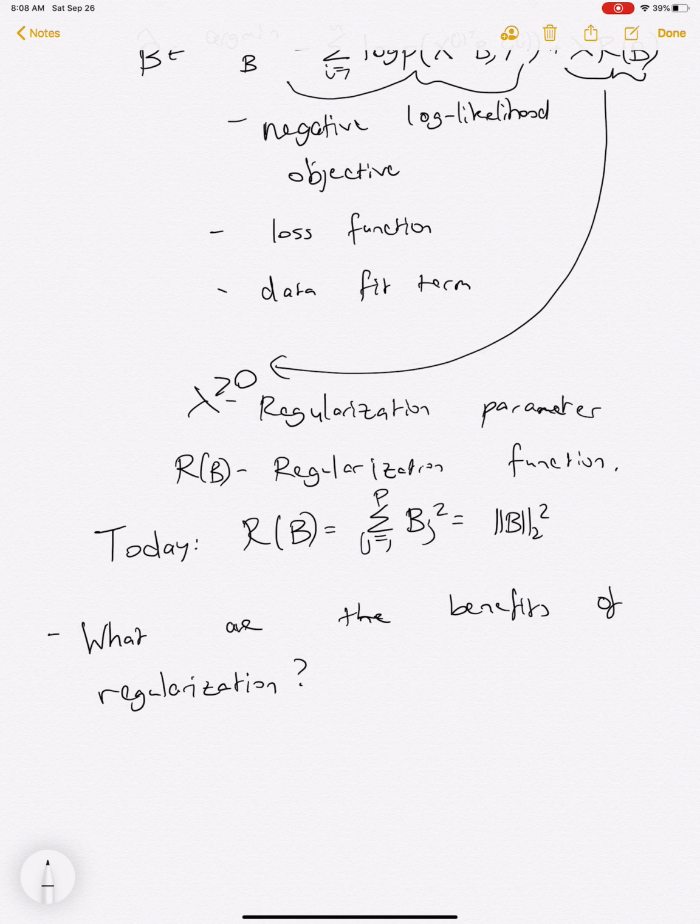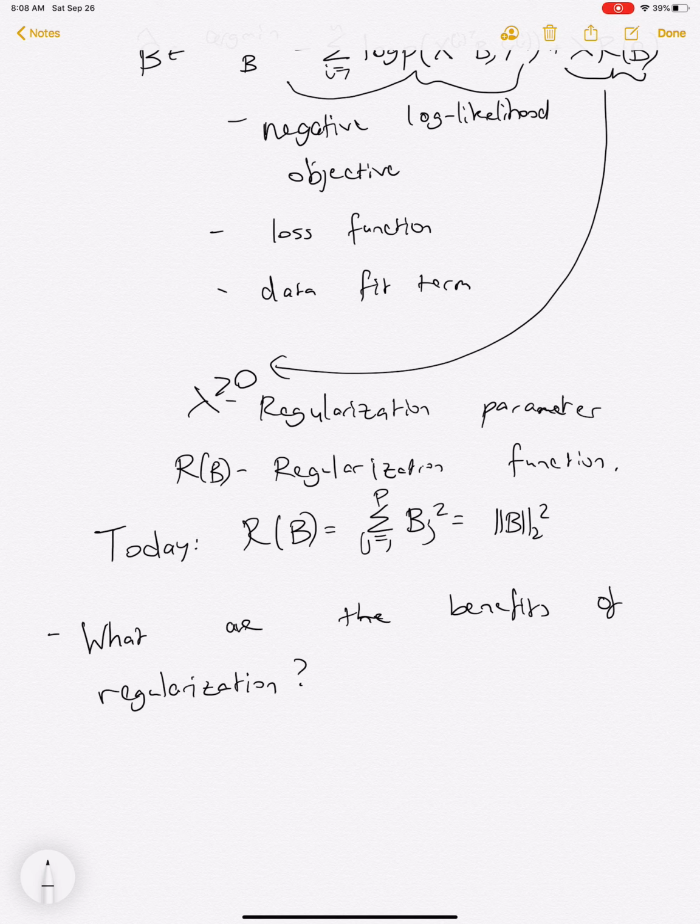For those of you who haven't heard this notion before, and I suspect that's a number of you, the question to keep in the back of your mind is: what are the benefits of regularization? In particular, we'll see that there are greater benefits when you move to the multivariate setting.